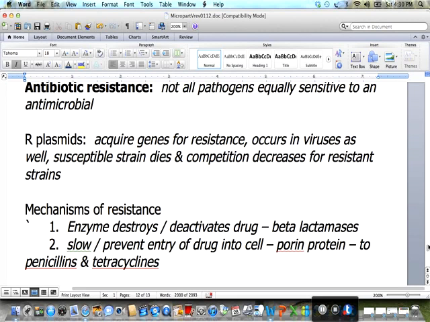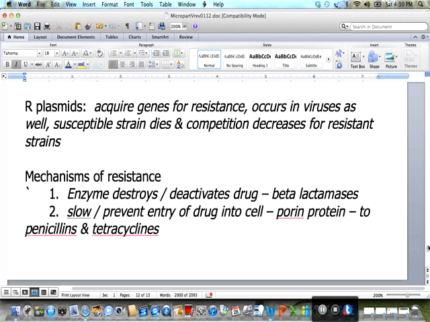There are several common mechanisms which convey resistance. The beta-lactamases are enzymes which destroy and deactivate the beta-lactams. Porin proteins may slow or prevent entry of the drug into the cell, and this is seen with penicillins and tetracyclines. There may be genes to alter the receptors for a drug, as seen in the sulfonamides and erythromycin.